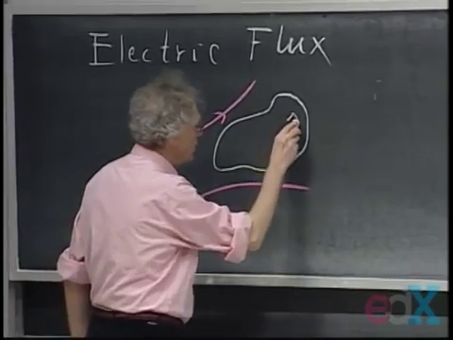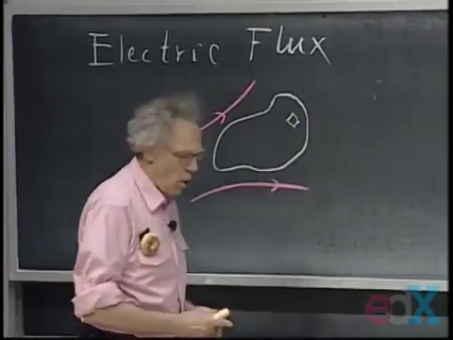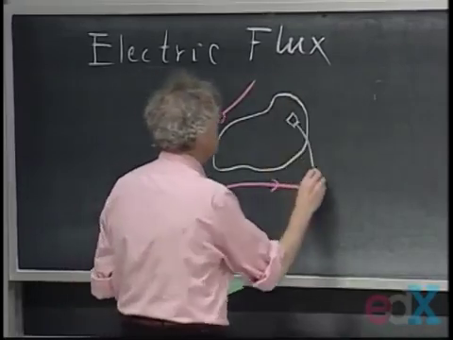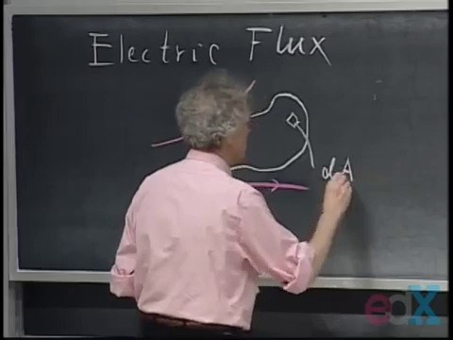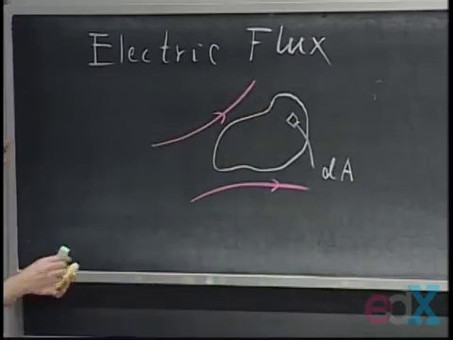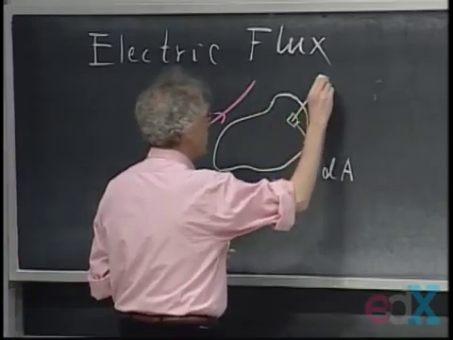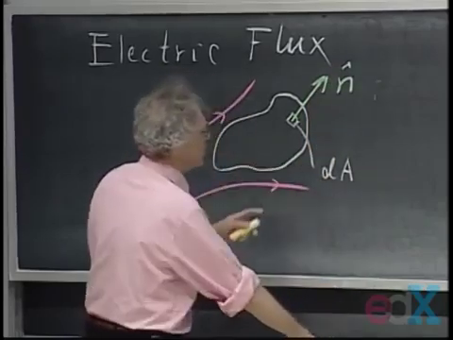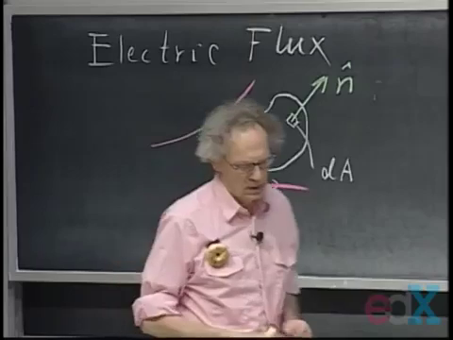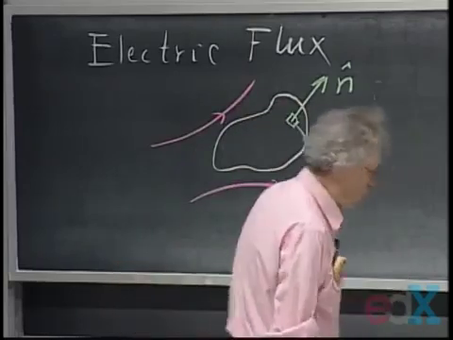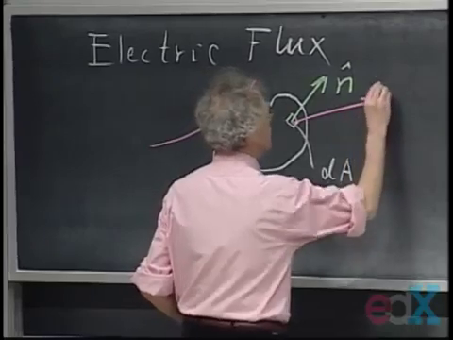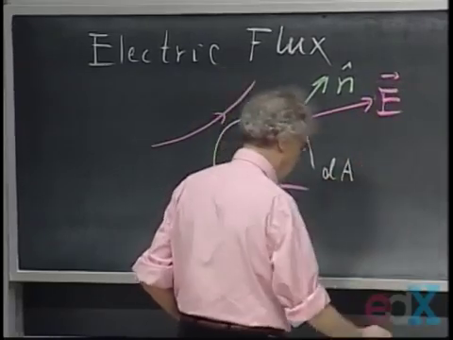And I carve this surface up into very small surface elements, each with size dA, that's the area, teeny weeny little area, and let this be the normal n-hat, the normal on that surface. So now, the local electric field, say at that location, would be, for instance, this. That's a vector.